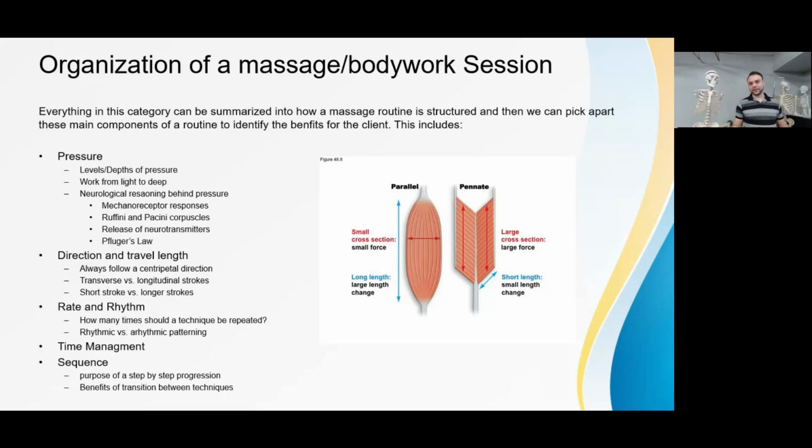Now, of course, along with that time comes a beneficial massage and body work, but making sure that we spend the proper amount of time in an area to achieve the goals and effects for which our client is here.